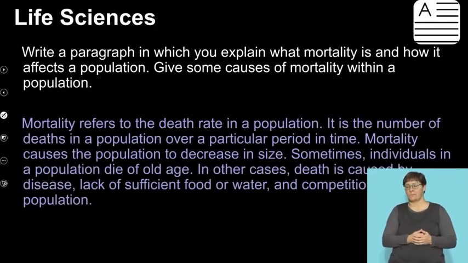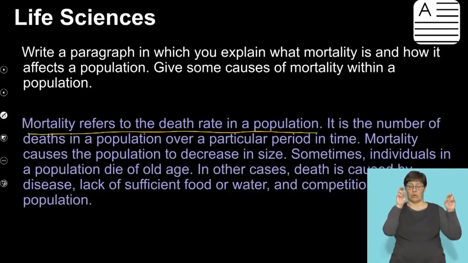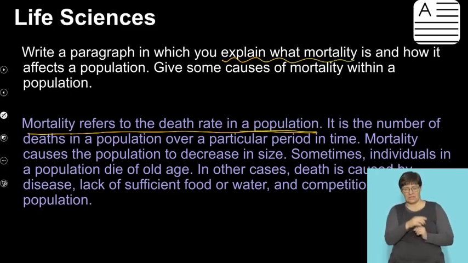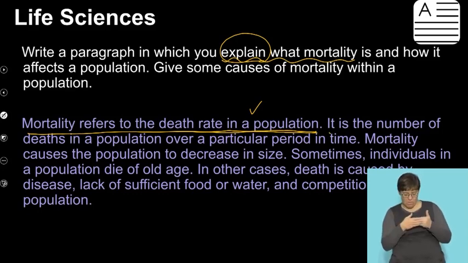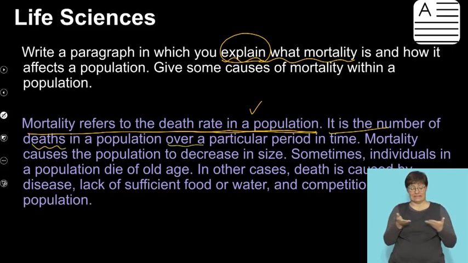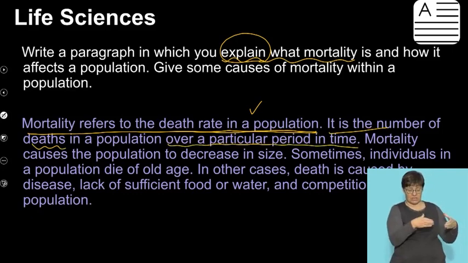So here's my topic sentence. Mortality refers to the death rate. Remember, I'm explaining what mortality is. So giving a definition might get me one mark, but let's explain. In other words, let's unpack what we mean. It is the number of deaths in a population over a particular period in time.